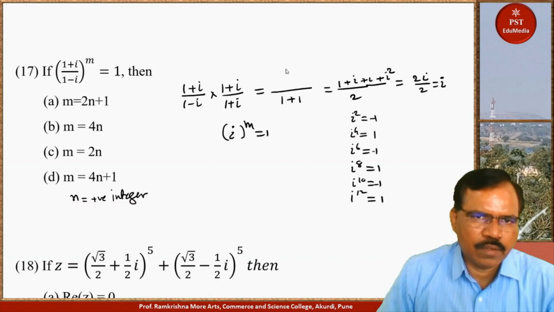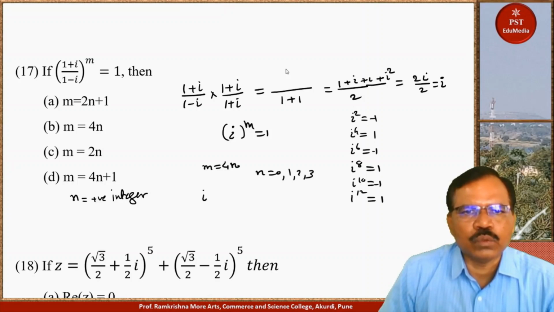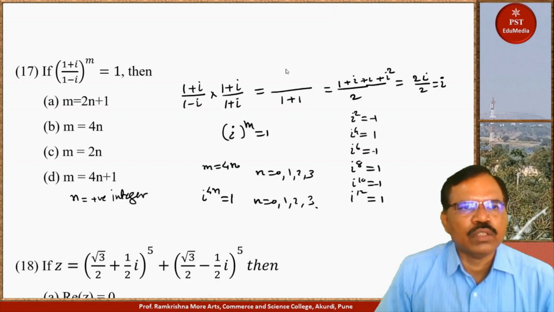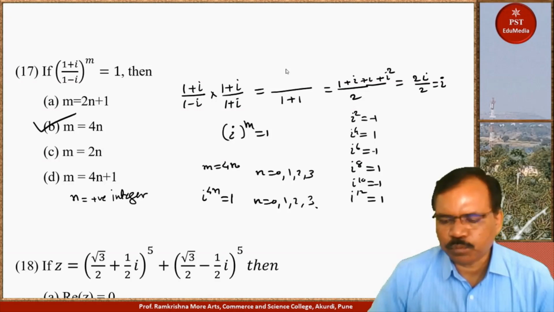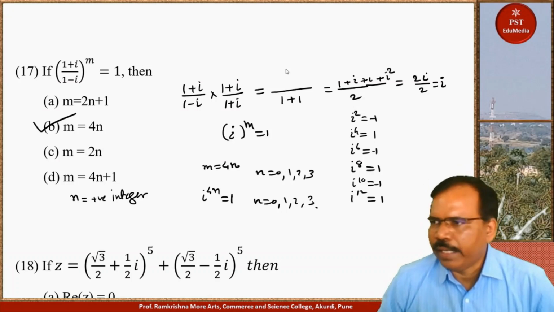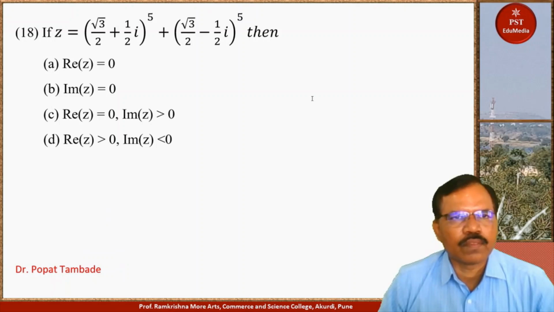So in general, if m is equal to 4 times n, where n is equal to 0, 1, 2, 3, i raised to 4n will be equal to 1, and so on. So this second one is correct. Second one is correct. Now we'll go to next one.